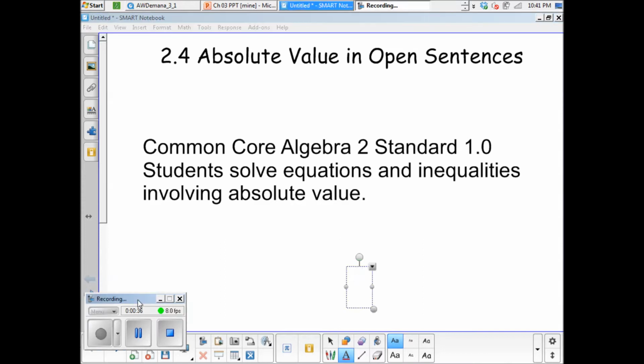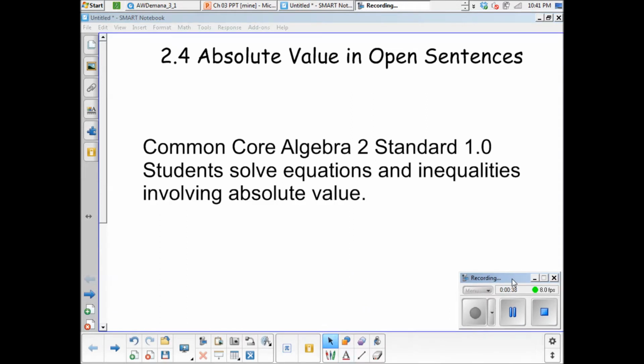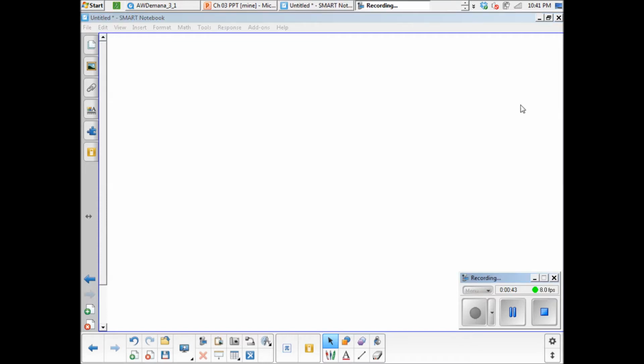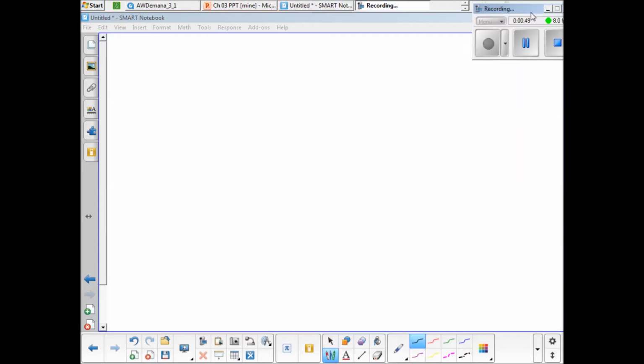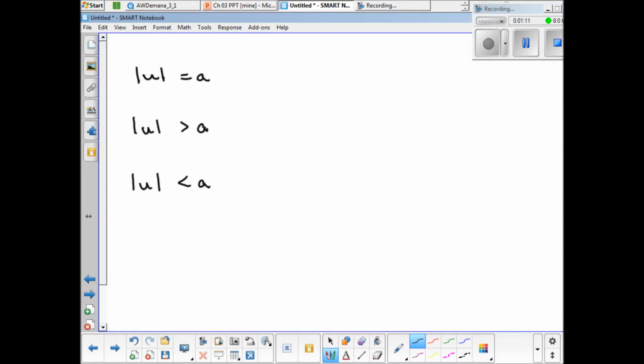Okay, so we're going to be talking about absolute values, obviously, here, and how they might show up in equations and inequalities. Anytime you see a problem start off as absolute value of u is equal to a, or absolute value of u is greater than a, or absolute value of u is less than a, you'll handle the problem the same way every time.